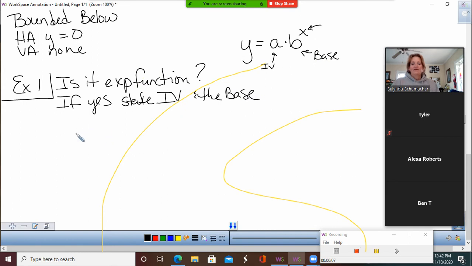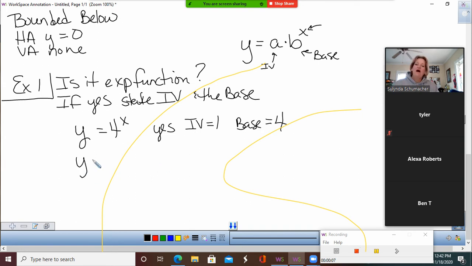So we have y equals 4 to the x. Is that exponential? It is, because there's x in the exponent, exactly. So you say yes, and you say IV equals, and what is the initial value? What's in front of the 4? There's always some 1, yes, excellent. And then your base equals 4.